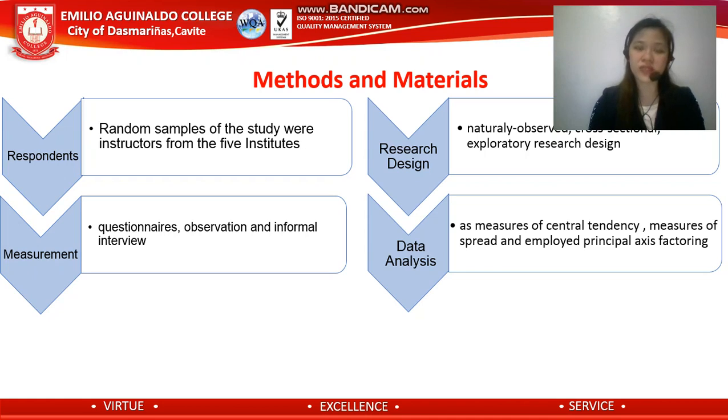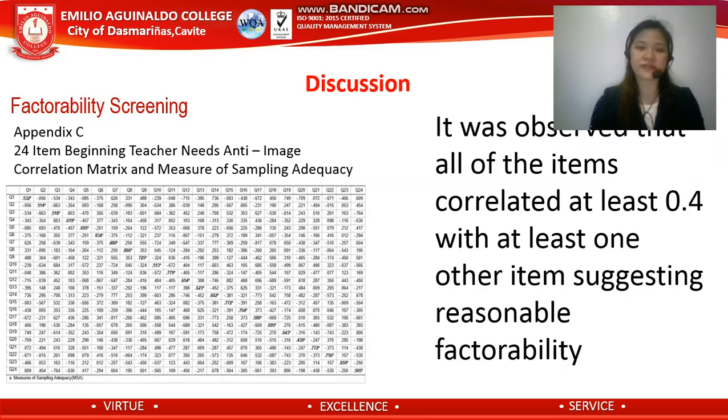For the measurement used, we have questionnaires, observation, and informal interview. The research design will be naturally observed, cross-sectional exploratory research design, and for the data analysis, measures of central tendency, measures of spread, and employed principal axis factoring.